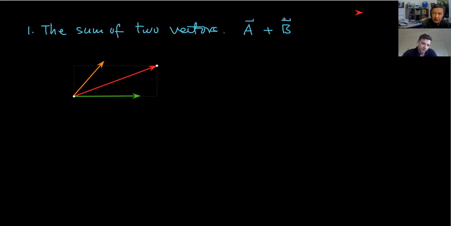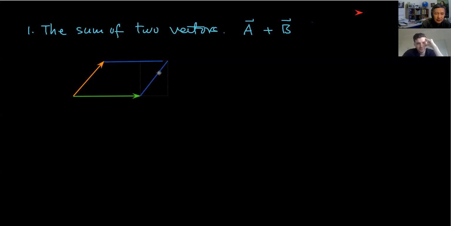In this case, we use what we call the parallelogram. We first draw two parallel lines. Just a review, I think you have learned it before, right? First we draw a line parallel to one vector, and then we draw another parallel line, parallel to the first vector.